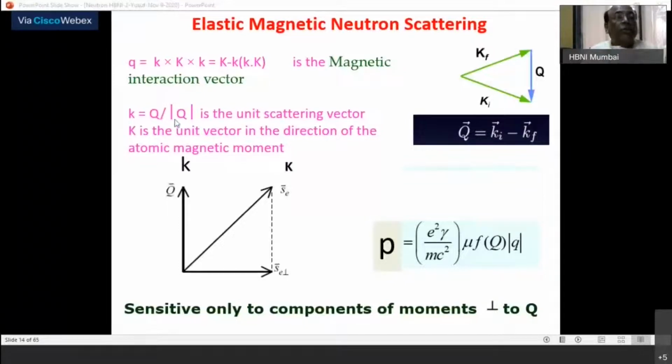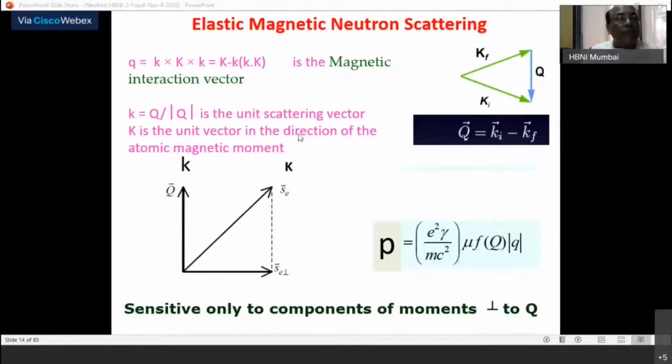It is vector Q divided by magnitude Q. That means along the Q, along this momentum transfer, it is a unit vector. So along this scattering vector, small k is the unit vector. You take only the direction, you forget the magnitude of Q.